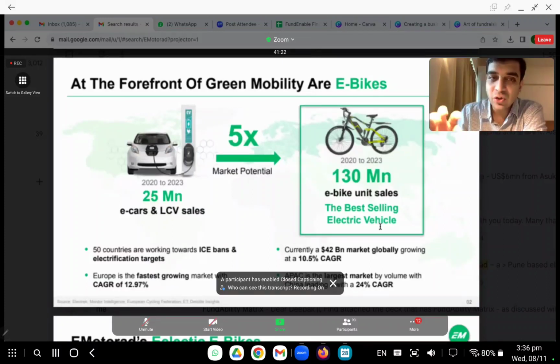So all you guys who have invested in electric mobility, specifically in electric cars and electric two-wheelers, what you've missed out on is that the real volume, the real thing which is selling in the market where customers have adopted on a huge scale, especially in advanced countries, is actually electric cycles, right? So we are proving to them that what you are doing is great, but there is a big potential that you are missing out on.